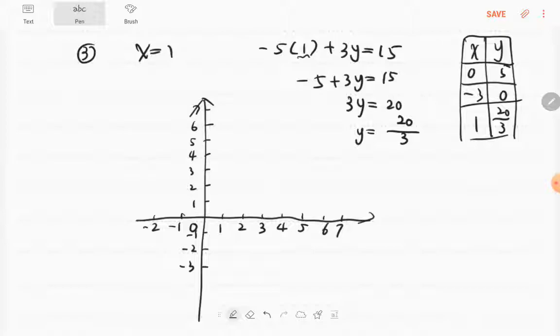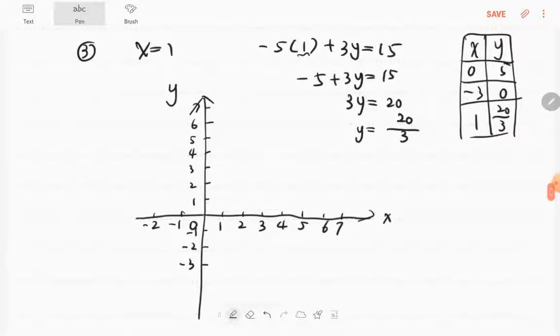So let's check the first one. x is equal to 0, so I put x here and y equal to 5. So the first dot will be this one, (0, 5), right? And the second one, x is negative 3, so put here negative 3 and 0 for y.